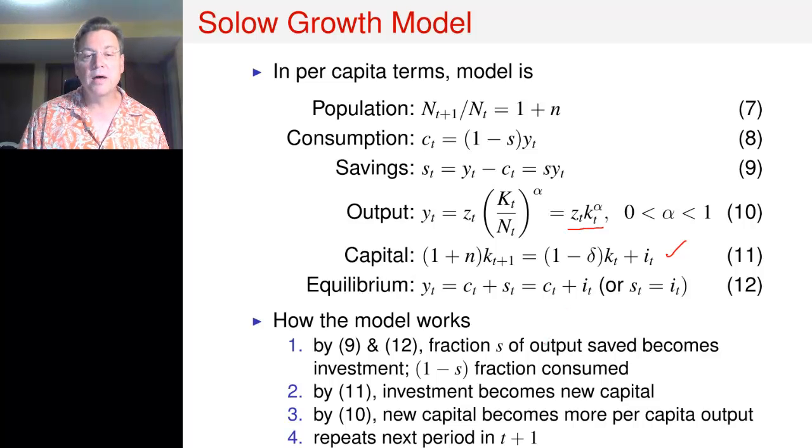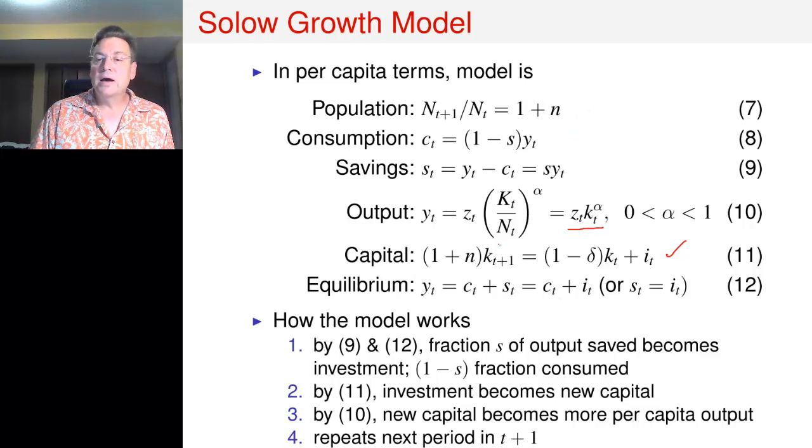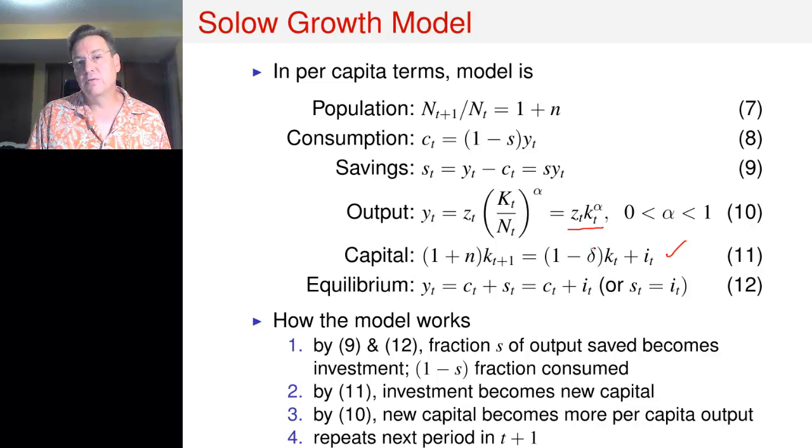So now let's talk about how the model is going to work. Equations 9 and 12 tell us that a fraction s of goods that are available every period is going to be saved. That savings automatically becomes investment. 1 minus that savings rate is the fraction of goods that are available today that are going to be consumed.